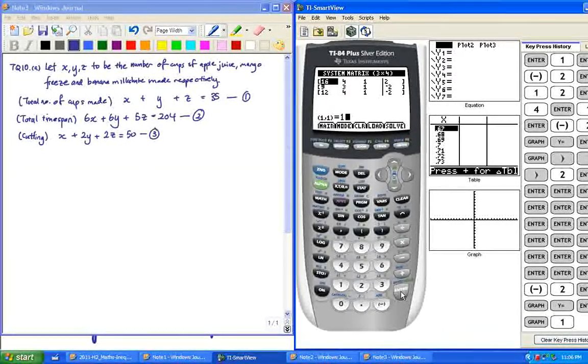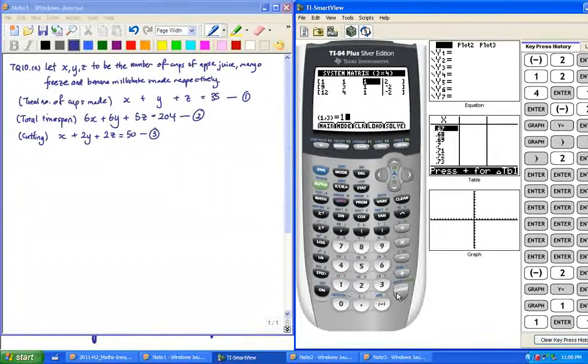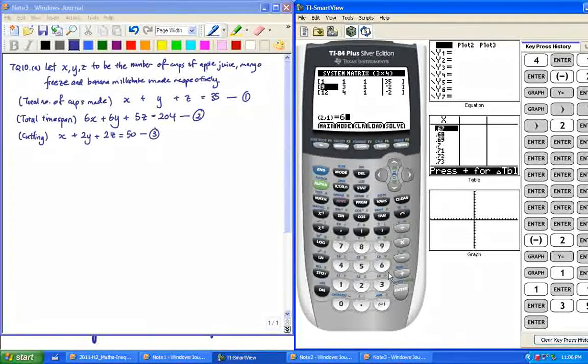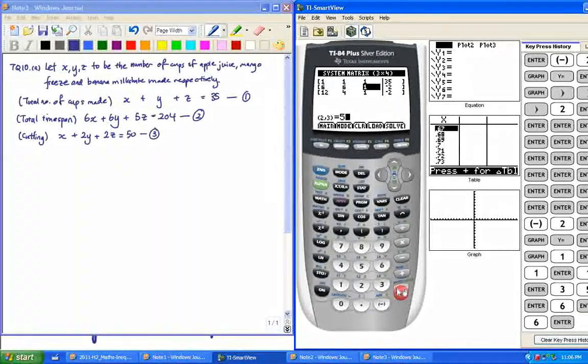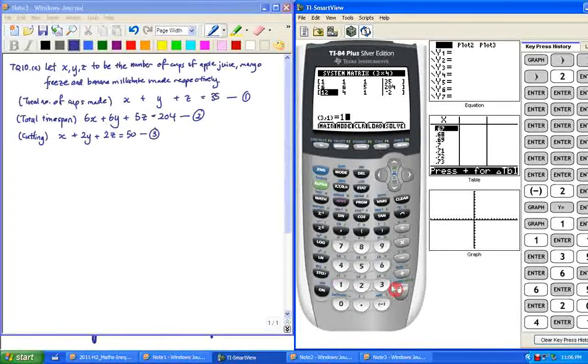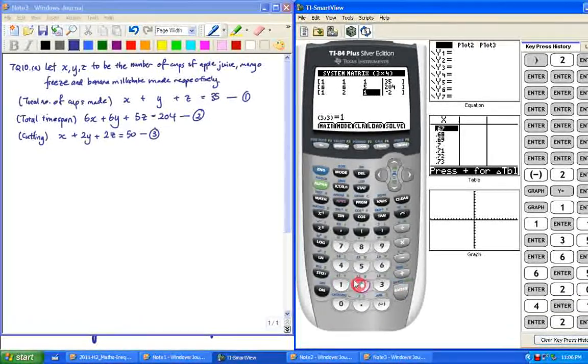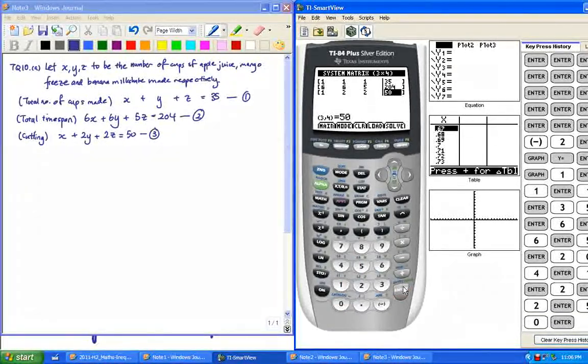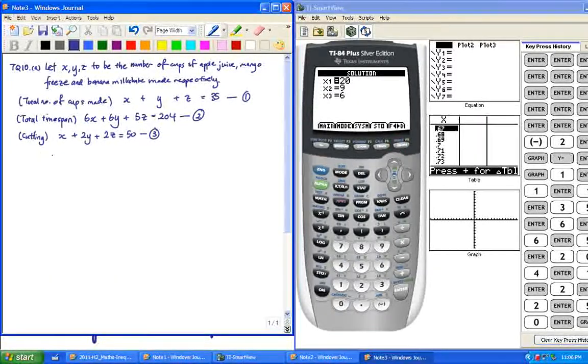So 1, 1, 1, 35, followed by 6, 6, 5, 204, and finally 1, 2, 2, 50. Enter and press solve. You get x to be 20, y to be 9, z to be 6.